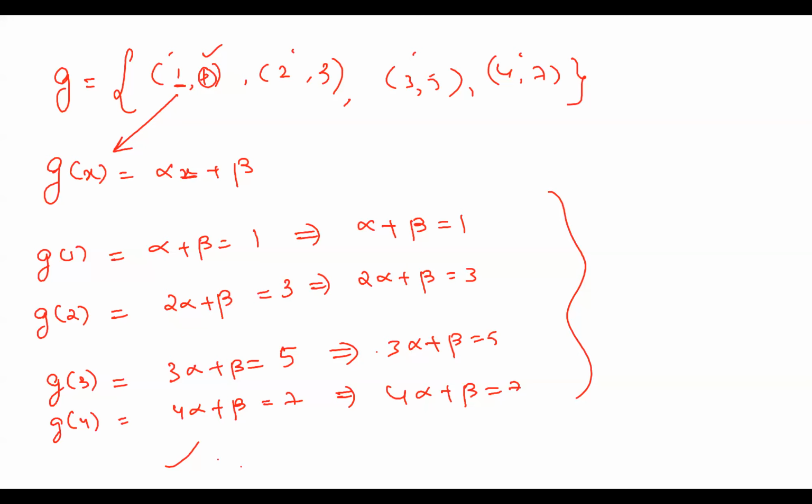Solve it and you will get the answer. So basically, alpha will be equal to 2 and beta will be equal to -1. Understood? Got your doubts clear?